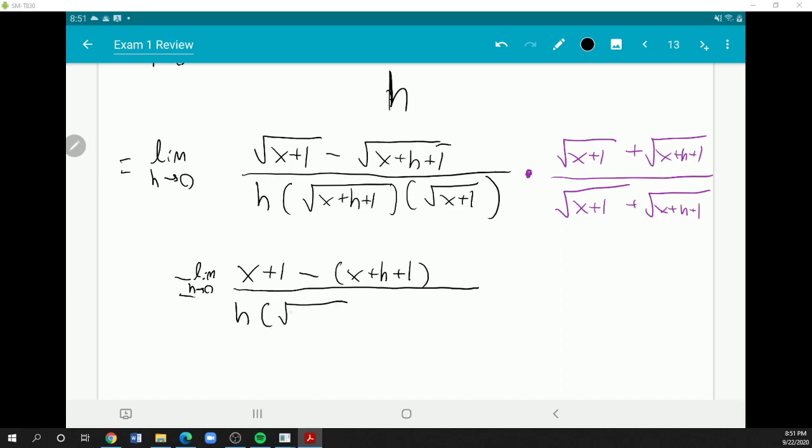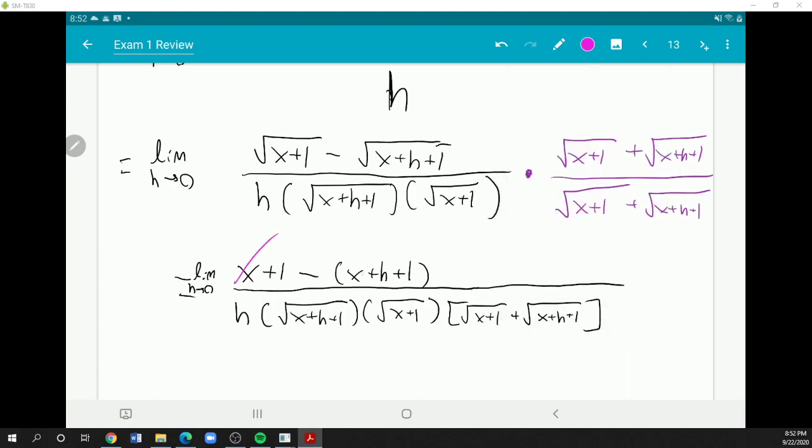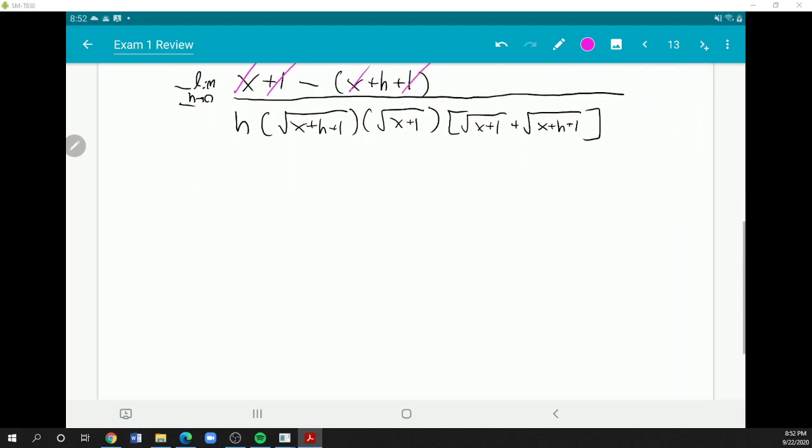Over h times root x plus h plus 1 times root x plus 1 times root x plus 1 plus root x plus h plus 1. Having fun yet? The x's cancel, the 1's cancel, and I'm going to be 2 for 2 on remembering the minus sign.